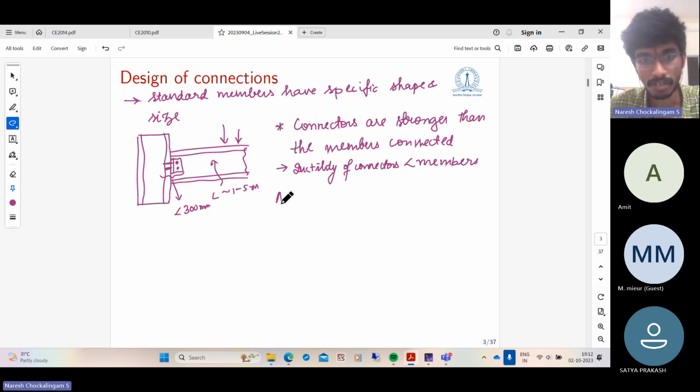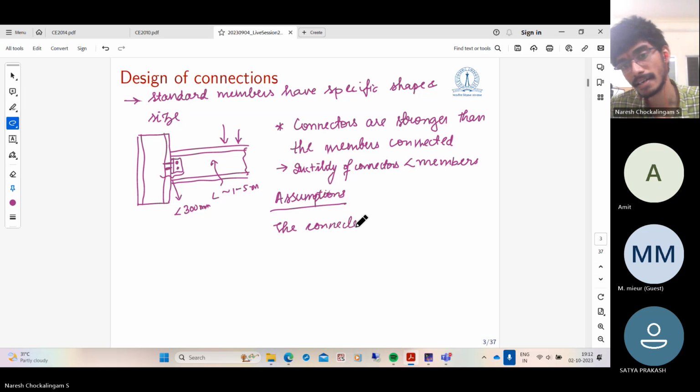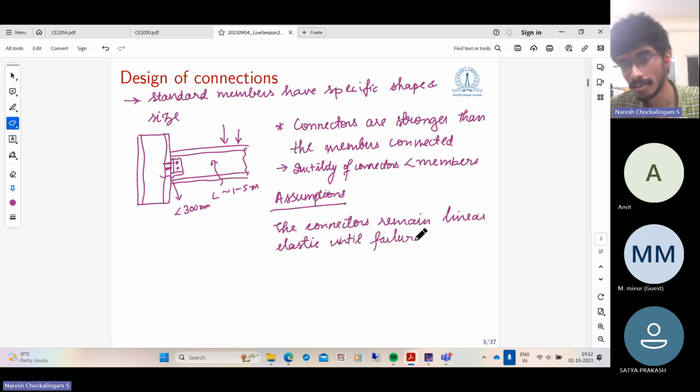So the assumption in designing connections is that the connectors remain linear elastic until failure. But that is not the case with the members that are connected.